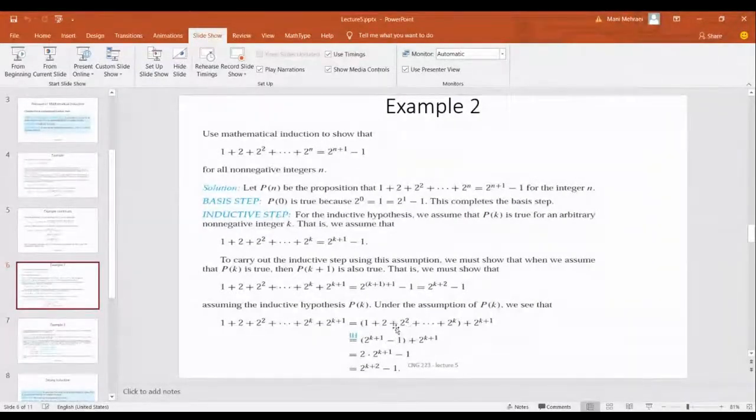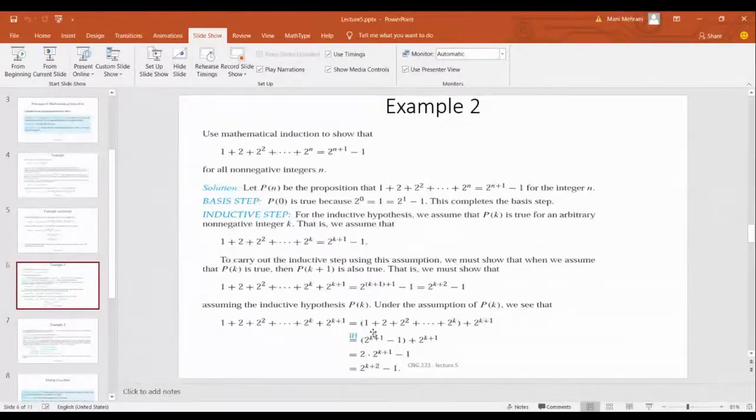Yes. Now here I have 2 power k plus 1 minus 1, as I said, because of the assumption, and we will have plus 2 power k plus 1. Now I can consider this one negative out, the positive in. It means that for addition and subtraction, order doesn't matter, right?